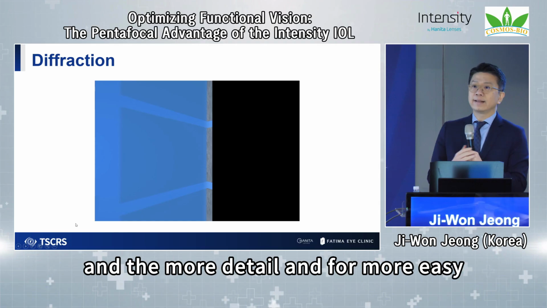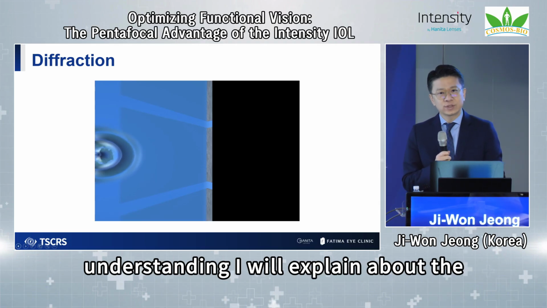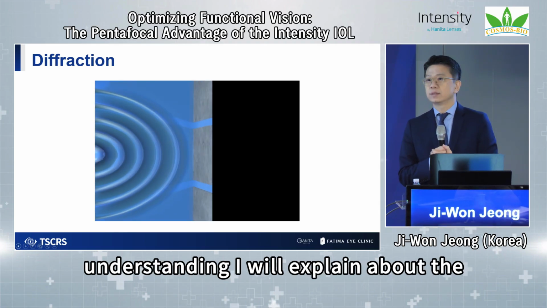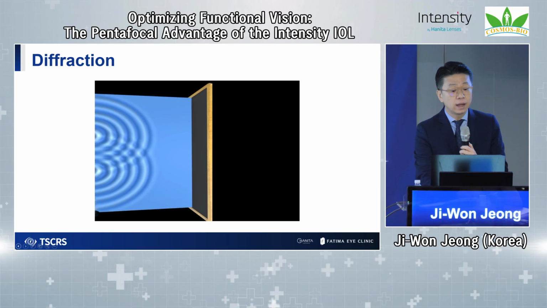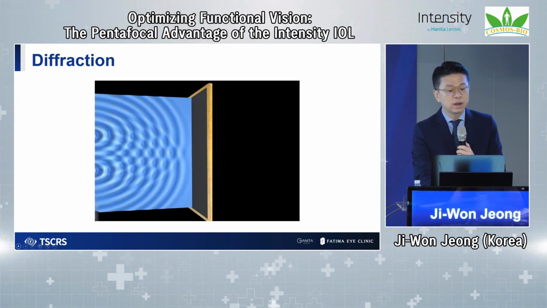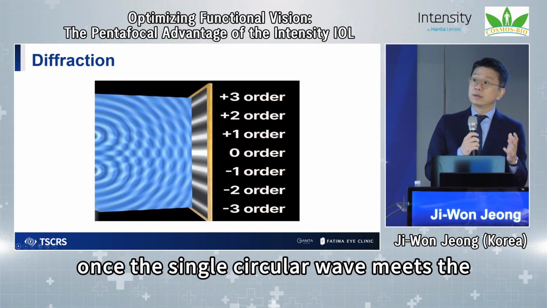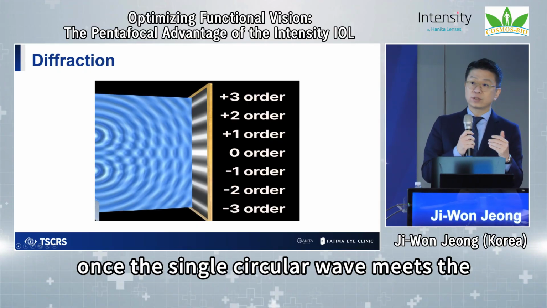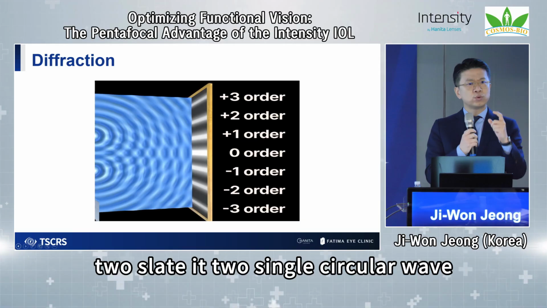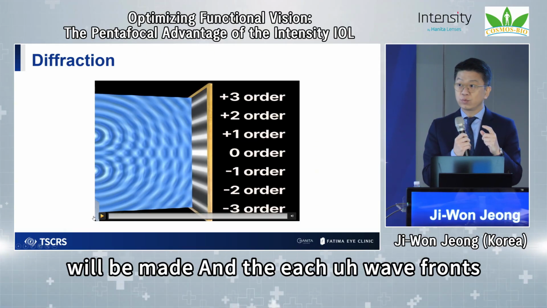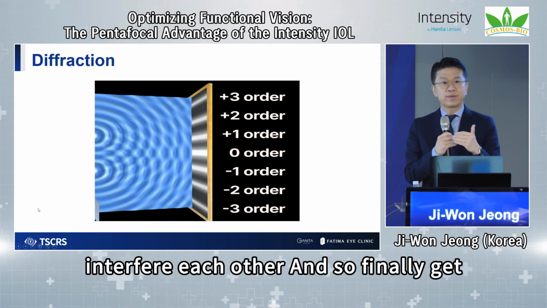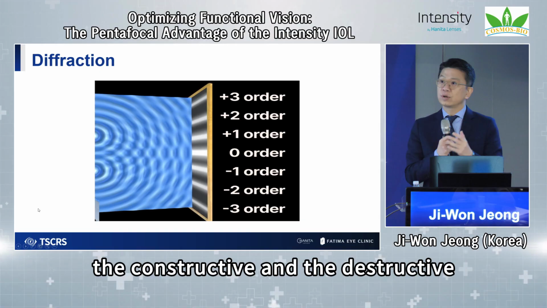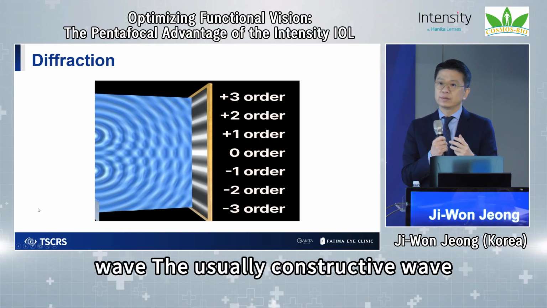And for easier understanding, I will explain the Jeong's two-slit experiment. Once the single circular wavefront meets the two slits, two single circular wavefronts will be made, and each wavefront interferes with the other, so finally we get constructive and destructive wavefronts.